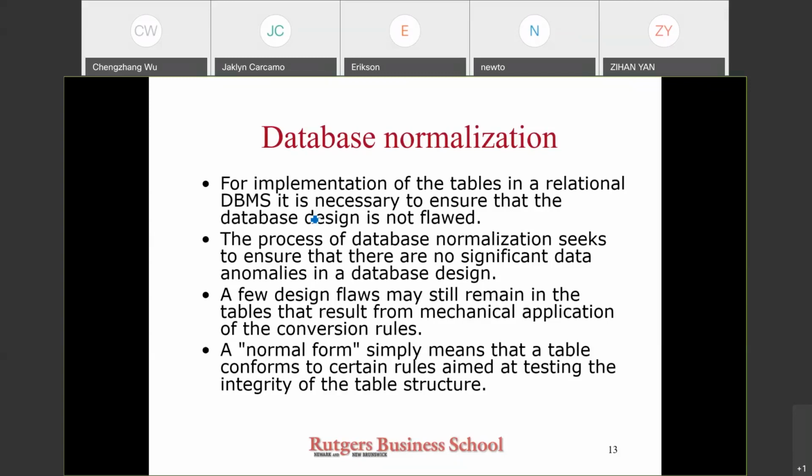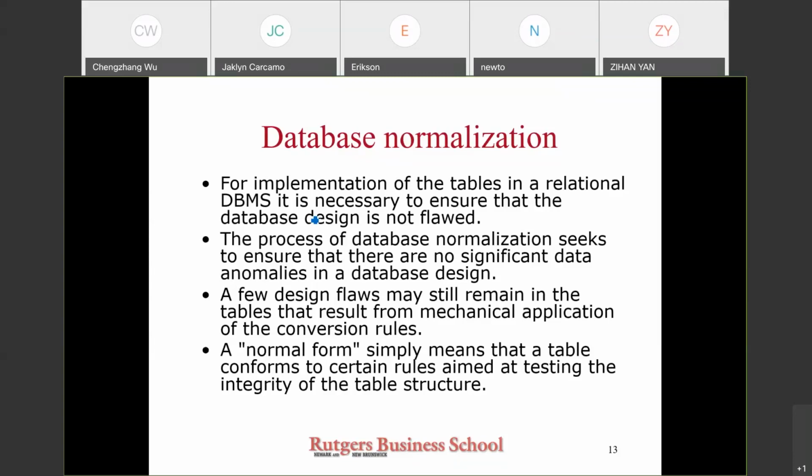So in essence, we are seeking to ensure that the tables in a relational database conform to good relational database design in principle.